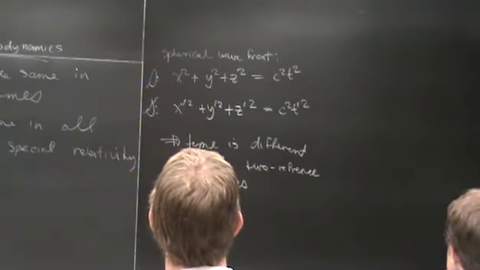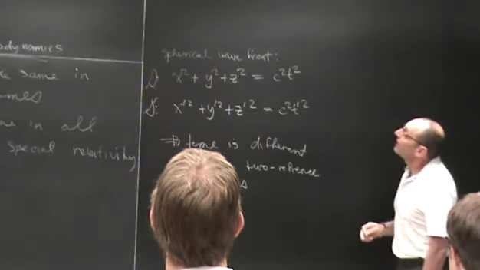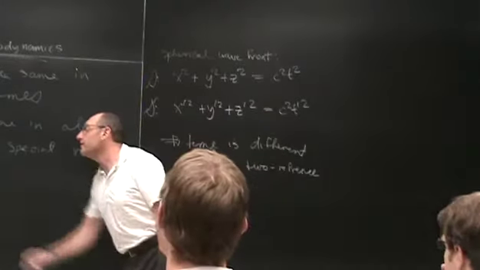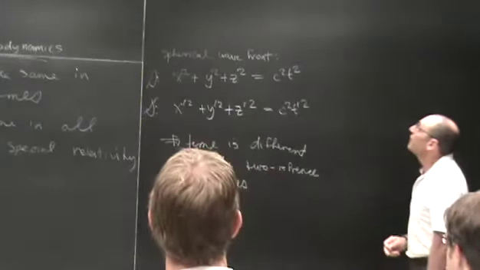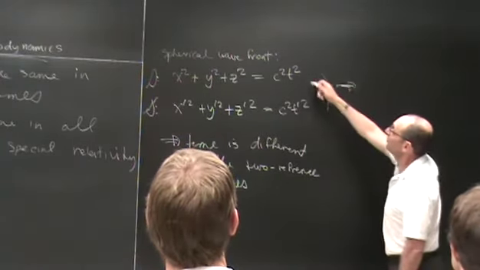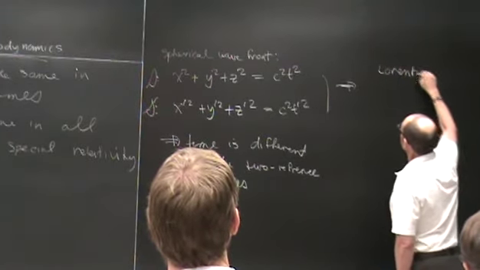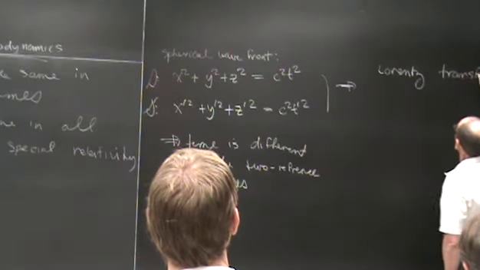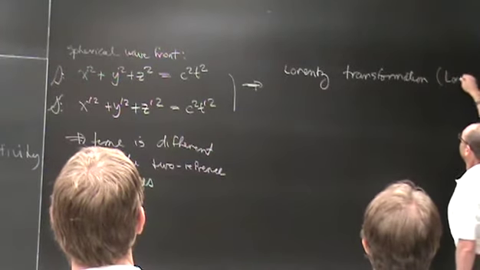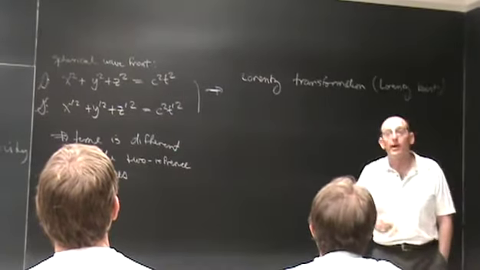Okay. So the invariance of the speed of light insists that when we go to a co-moving frame, we not only change the spatial coordinates that describe events, but we must change the time coordinate. And the transformation that makes this true is the Lorentz transformation, in particular, what we call a Lorentz boost. Okay?